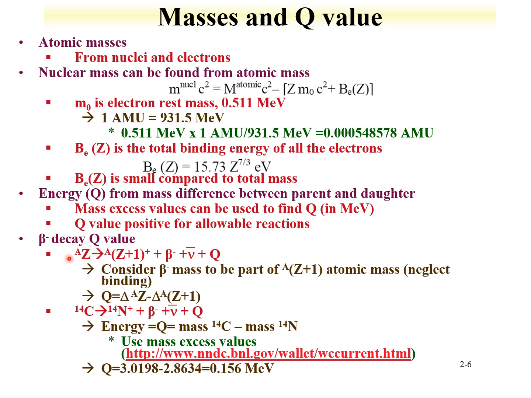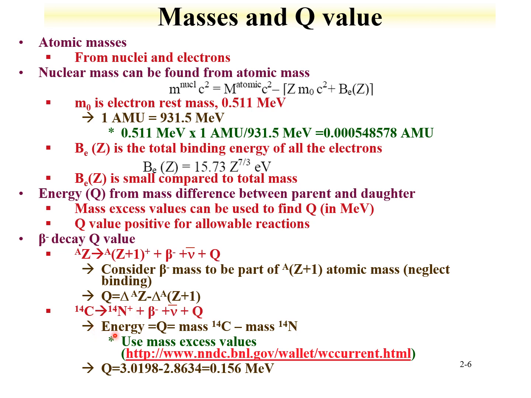Since we're converting a neutron into a proton, Z goes to Z plus 1, the charge goes up. Let's just consider this electron as part of this. We're neglecting the binding energy, but that's okay. We know that's not something we really need to be concerned about. So the Q value is equal to the mass excess of the parent minus the mass excess of the daughter.